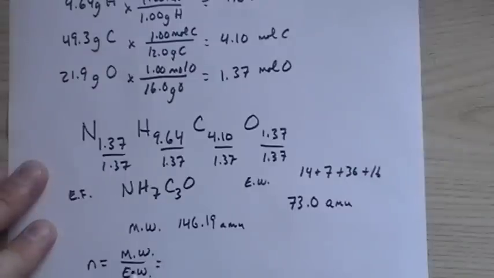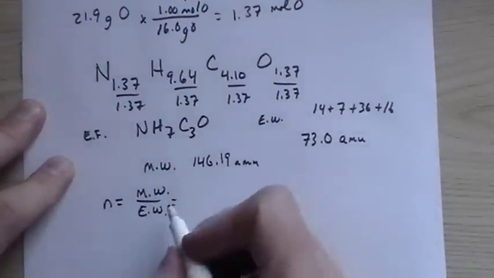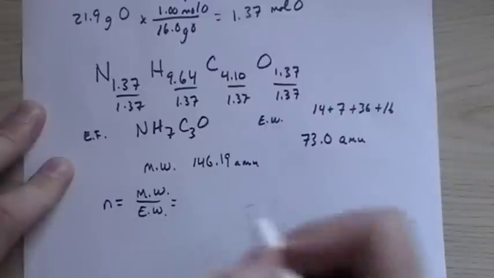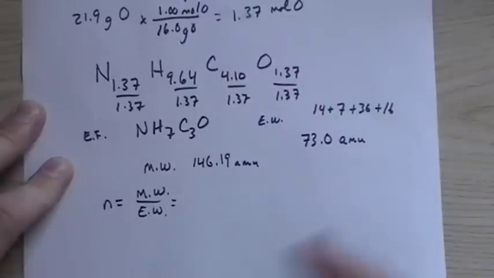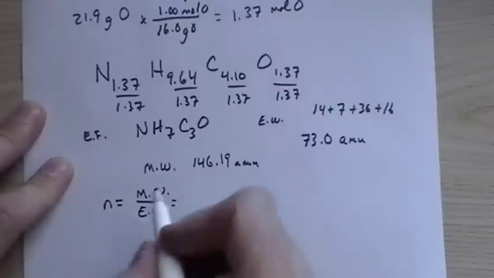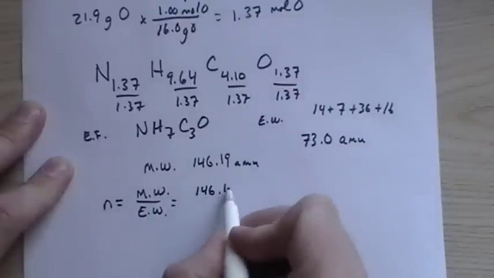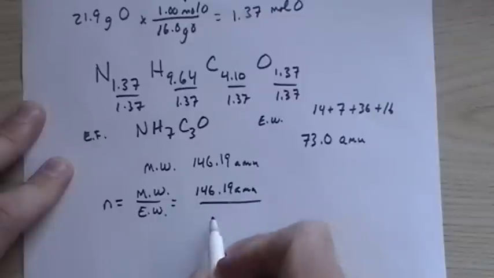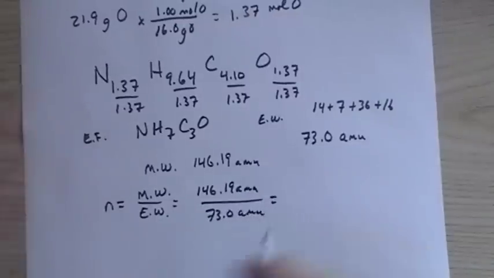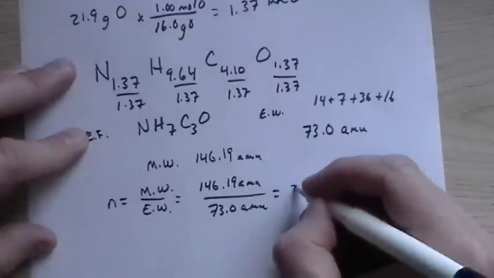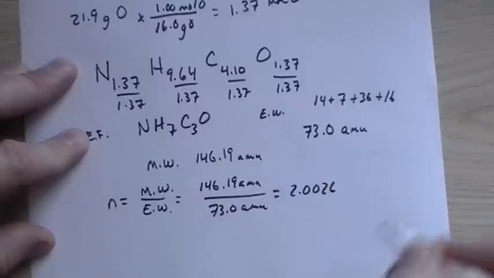Now if that turns out to be 1, then that means the empirical formula is the same as the molecular formula. I should have done that on the last one, but it was 74 divided by 74. The molecular weight here is 146. The empirical weight is 73. And let me get the exact answer. So we have 146.19 divided by 73. And this comes out to be 2.0026.